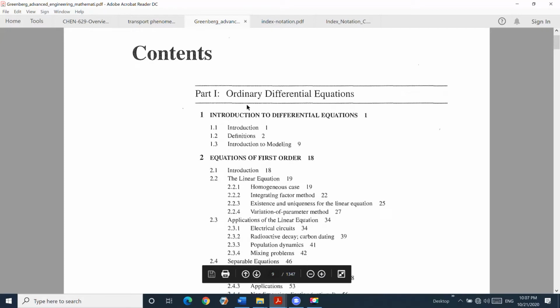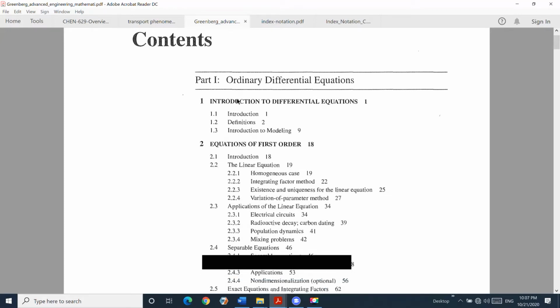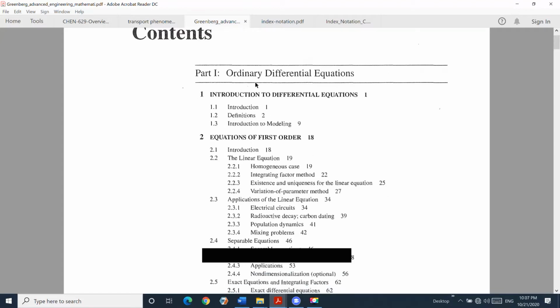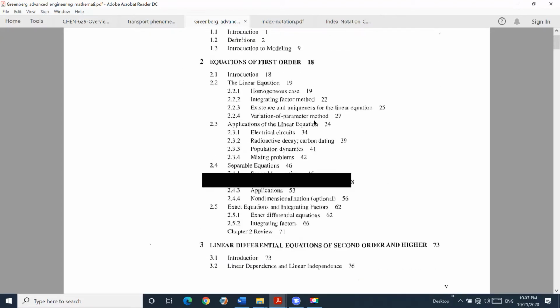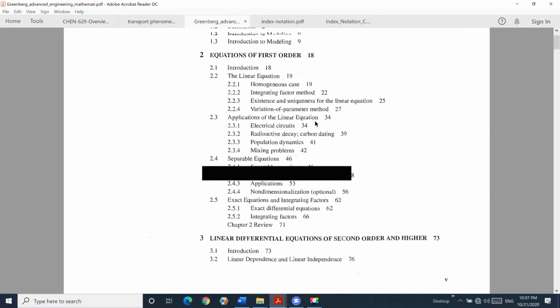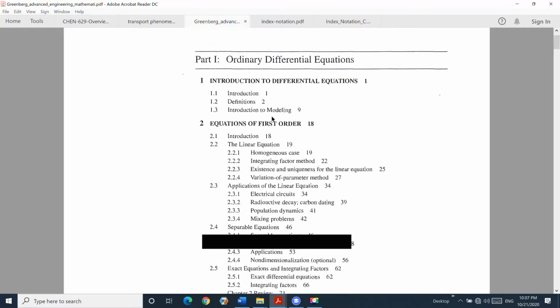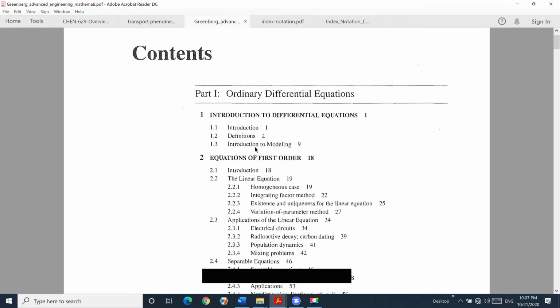The content you see as the first part is ordinary differential equations. When we go to the derivation of the system equations, we can call this the molecular level, microscopic level and macroscopic level.